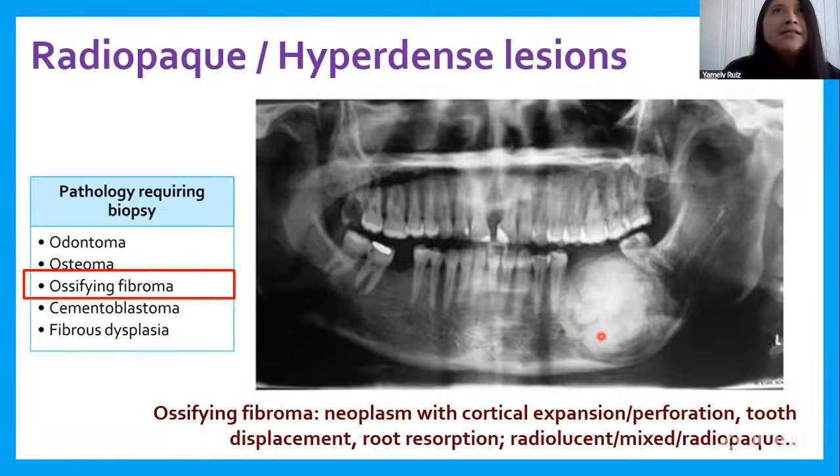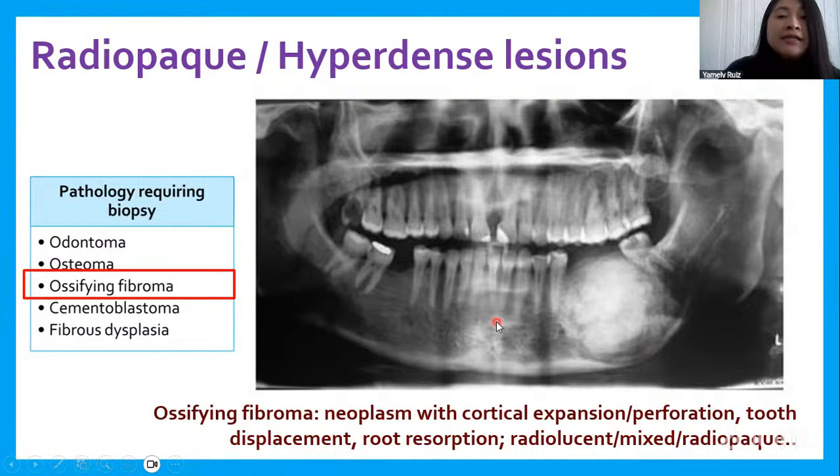The biggest that I have seen was maybe 18 or 20 centimeters. So this entity could grow very big. This is very important to remember. It's benign, yeah, but has a very important growth. So this causes cortical expansion, cortical perforation, maybe tooth displacement, or even root resorption.